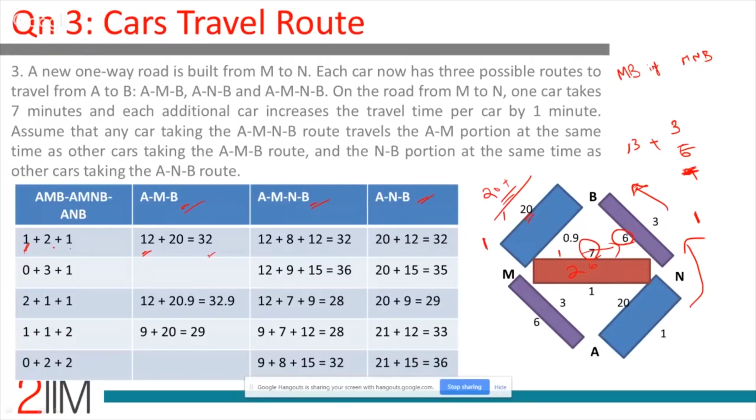And then here will be 6 plus 3 plus 3, because there's 1 vehicle coming from here and 2 from here. 2 plus 1, 3 vehicles, 6, 9, 12. Or 12 plus 8 plus 12, 32 minutes. The A and B route, 20 plus 12, 32 minutes. This is what 1, 2, 1.